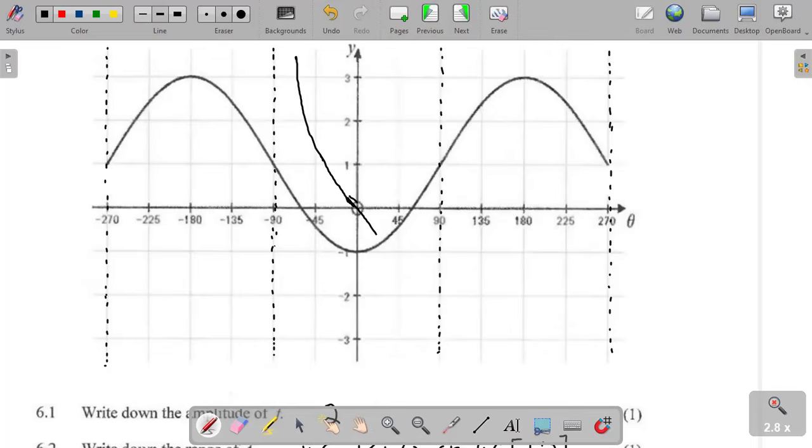Then it's going to pass at the origin, and then it's going to go like this, and then it's going to do the same thing everywhere. It's going to be the same way.